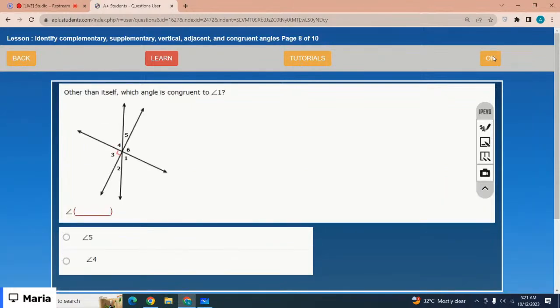Other than itself, which angle is congruent to angle 1? Which is the correct option?